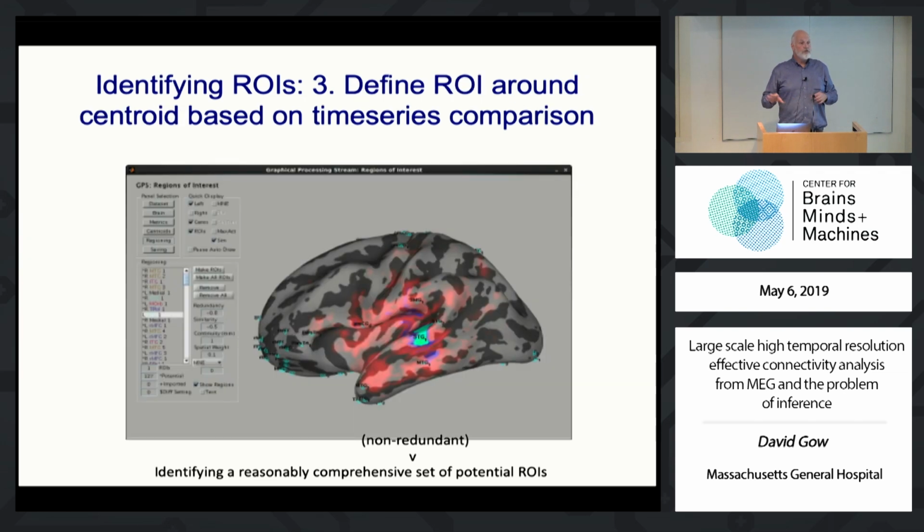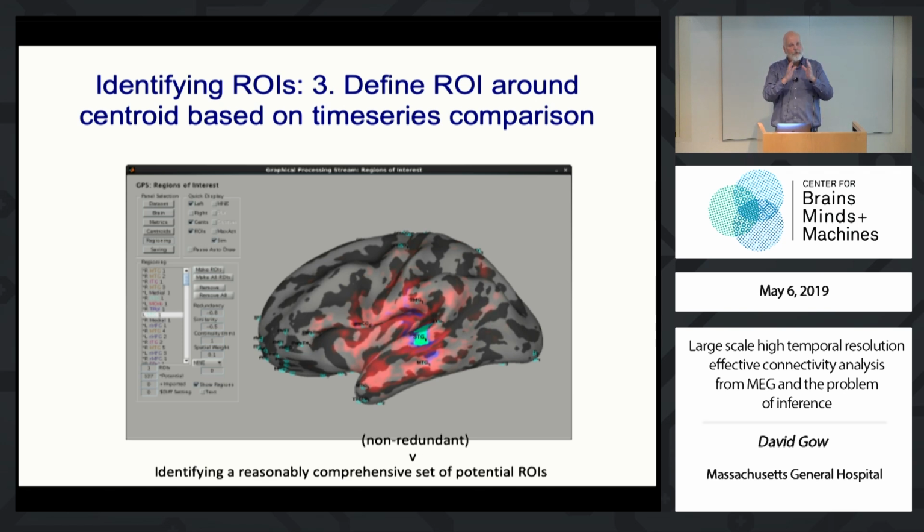Once we've got these centroids which are sufficiently different, the question is, how do we characterize their spatial extent? Because the centroids were single dipoles based on our MNE reconstructions. So what we're going to do now is grow out, going to adjacent vertices. And we do comparisons, again looking at the difference between time series from these adjacent dipoles, to see how different they are, and now we're looking for similarity.